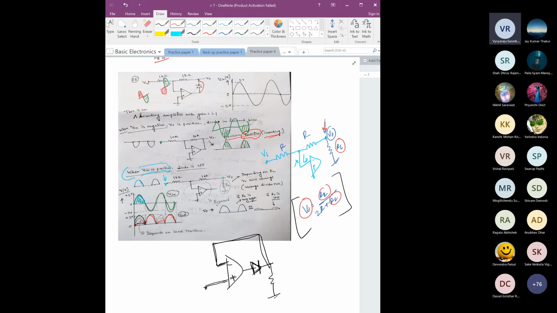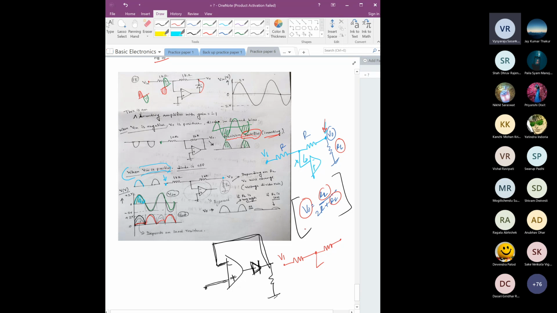If we apply the virtual short concept, then there will be current. Suppose I want to measure the voltage here, what should we connect here? Sir, nothing. We assume RL is infinite.